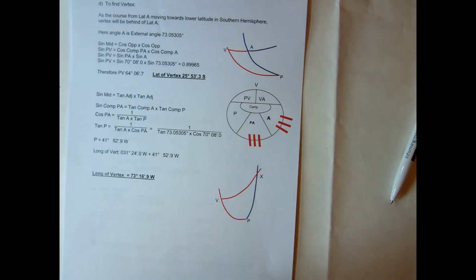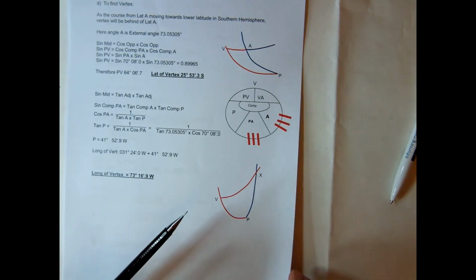So working out the southern hemisphere vertex, as it says there, as the course from latitude A moves towards the lower latitude, the vertex will be behind latitude A. So the external angle is 73 degrees. Hopefully you can see that from the information that we've got, and therefore the latitude of the vertex is going to be 55.3 south.